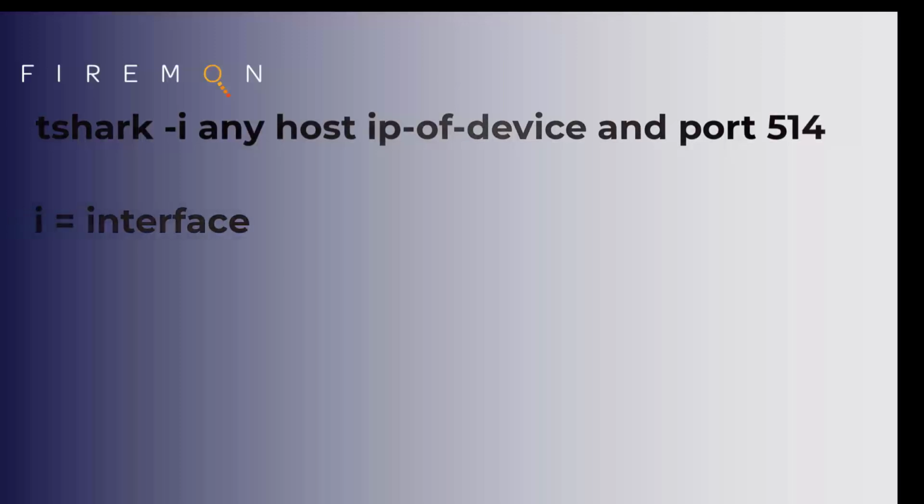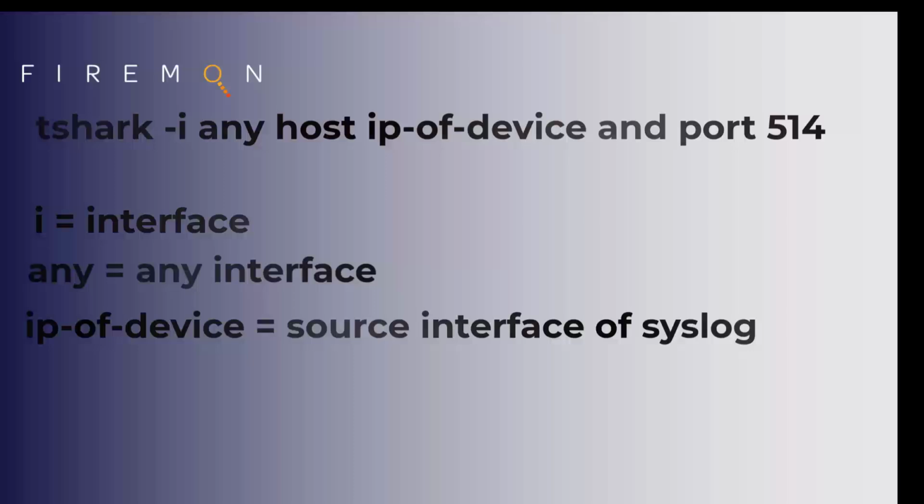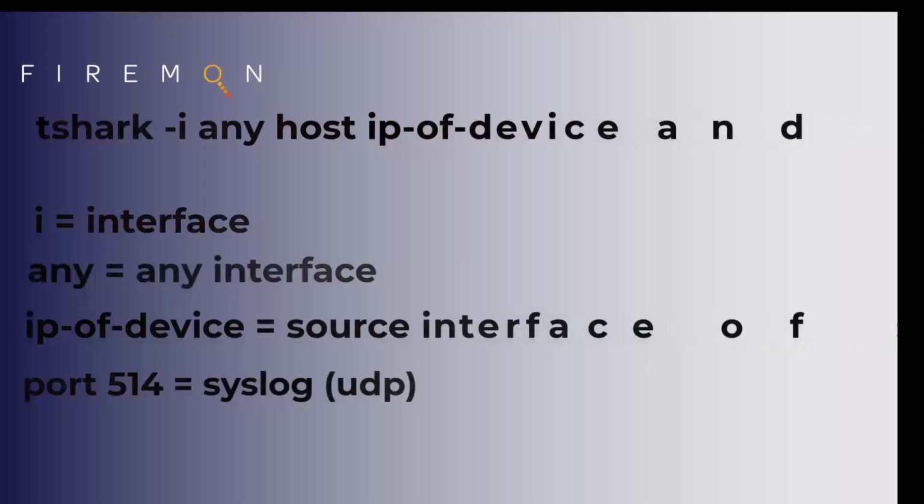I means interface, any is any interface. The IP of the device should be the IP of the device that you have configured to send syslog from. Generally this is a management interface, but this can be configurable at the firewall. Port 514 is the UDP port for syslog.